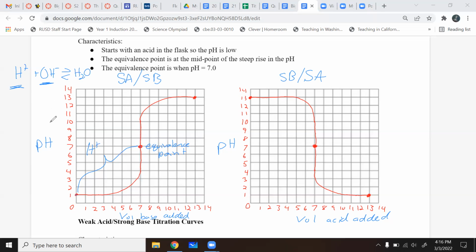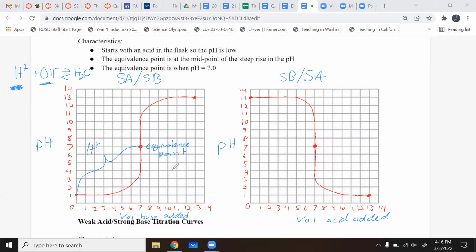At this point, the only thing present in that solution, other than whatever spectator ions you might have, would be our H plus, H3O plus. Then as you start adding base, those OH minus, those hydroxides, are going to latch on to those loose protons, and they're going to form neutral water. But until you hit the equivalence point, there's going to be more H pluses than OH minuses.